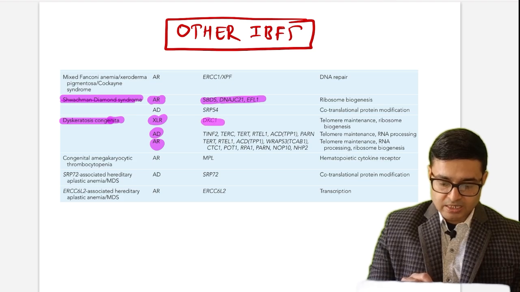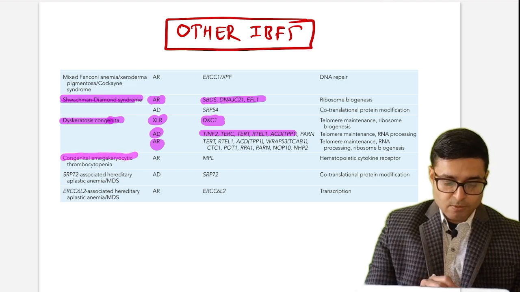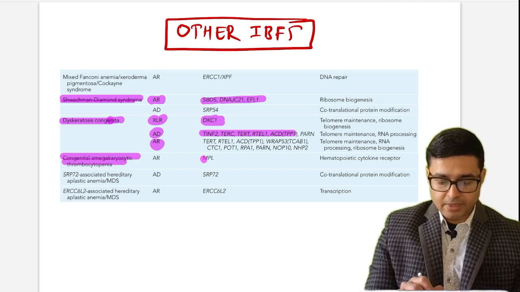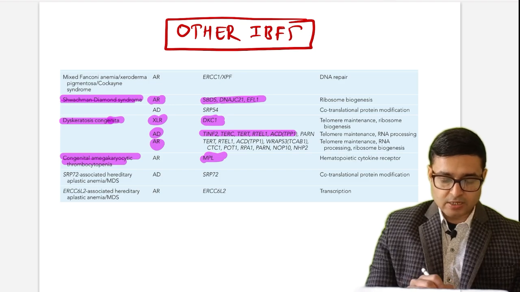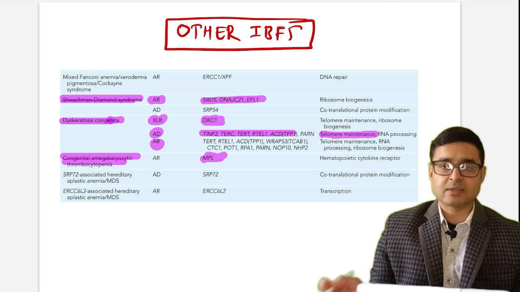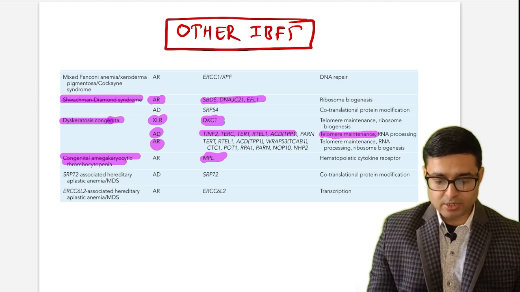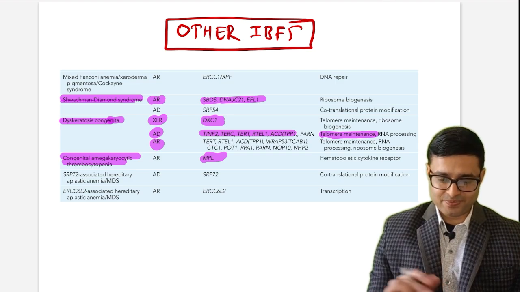Genes, just remember DKC1, TINF2 and these genes. Congenital amegakaryocytic thrombocytopenia, just remember MPL, and the other two diseases actually have the same genes. Telomere maintenance or shortening is seen in dyskeratosis congenita, which is important. So from this table, these highlighted are the take-home points.